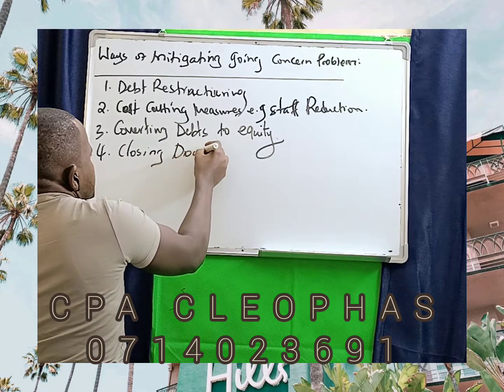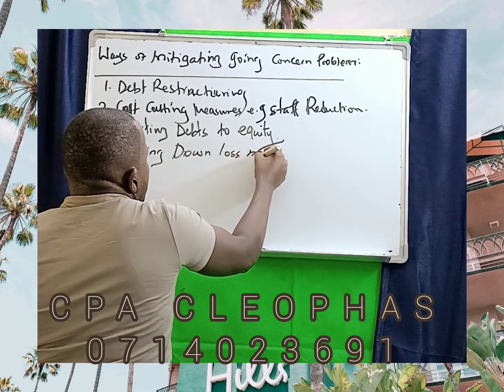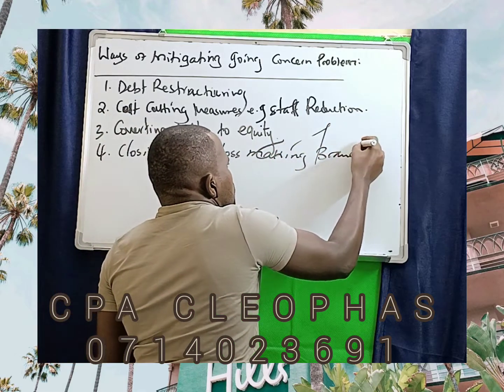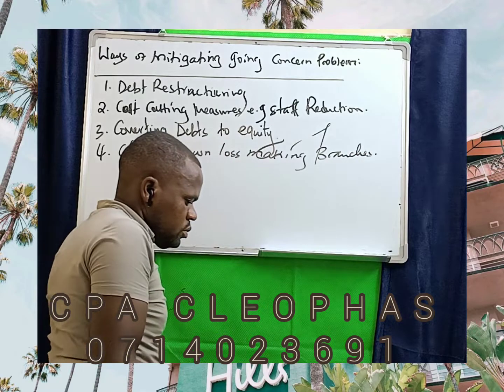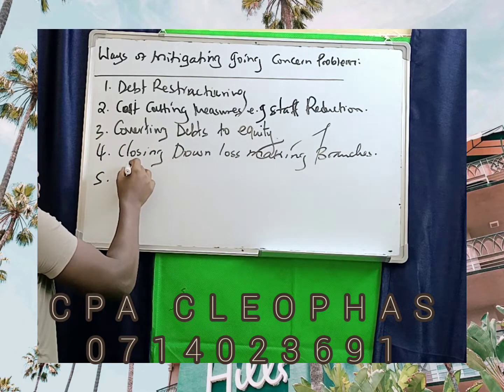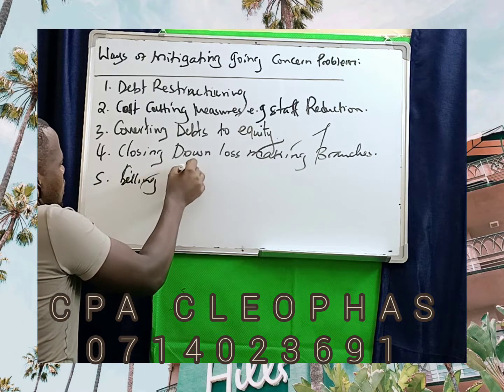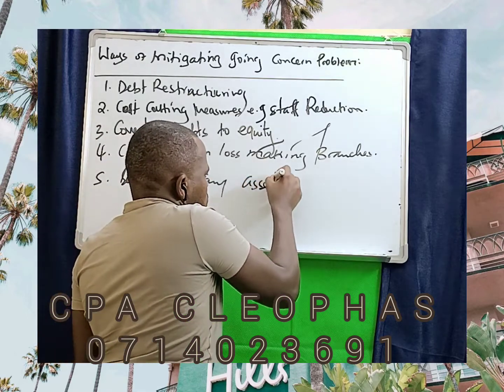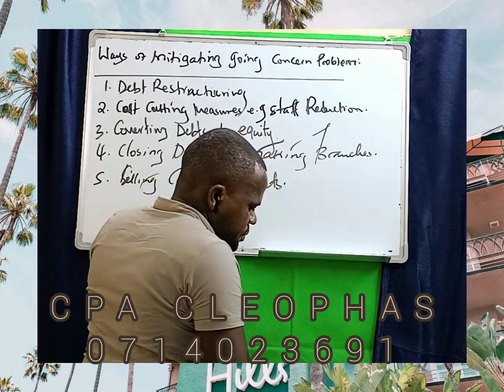Closing down loss-making branches. You can also decide to sell the company assets, liquidating or selling company assets to get at least some cash.